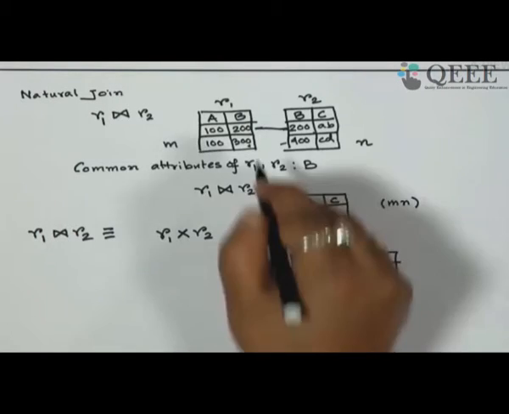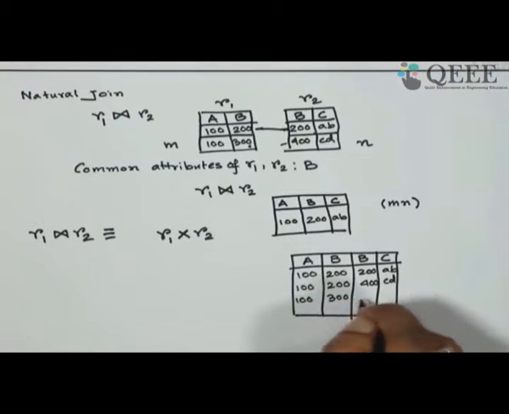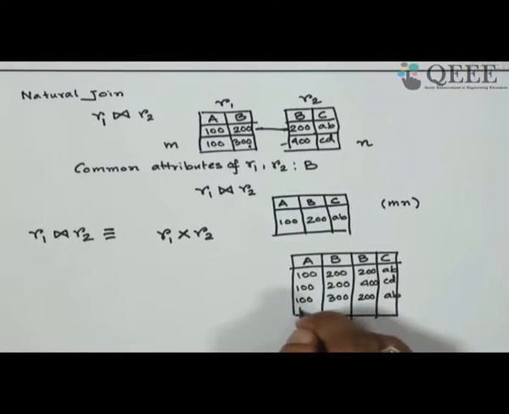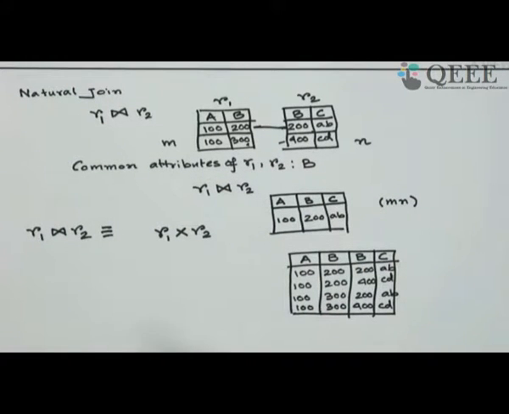Because in the product, every tuple will combine with every other tuple. So this is the Cartesian product. So I have 2 here, I have 2 here, total 4 tuples.